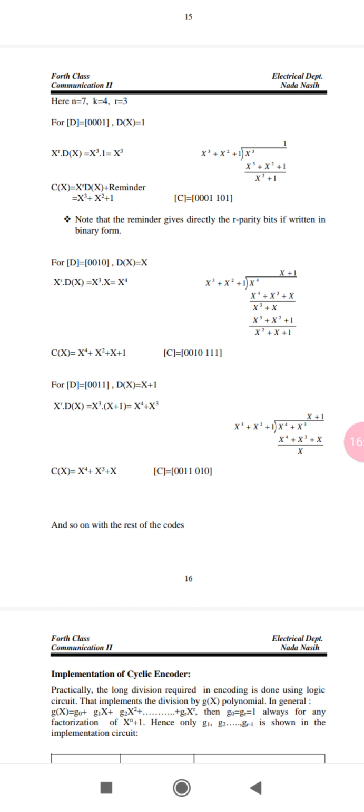Then c of x is equal to x raised to 4 plus x cube plus x. Then the value of c is 0011010, right? And so on with the rest of the inputs. For the rest of the inputs you have to calculate like that only.